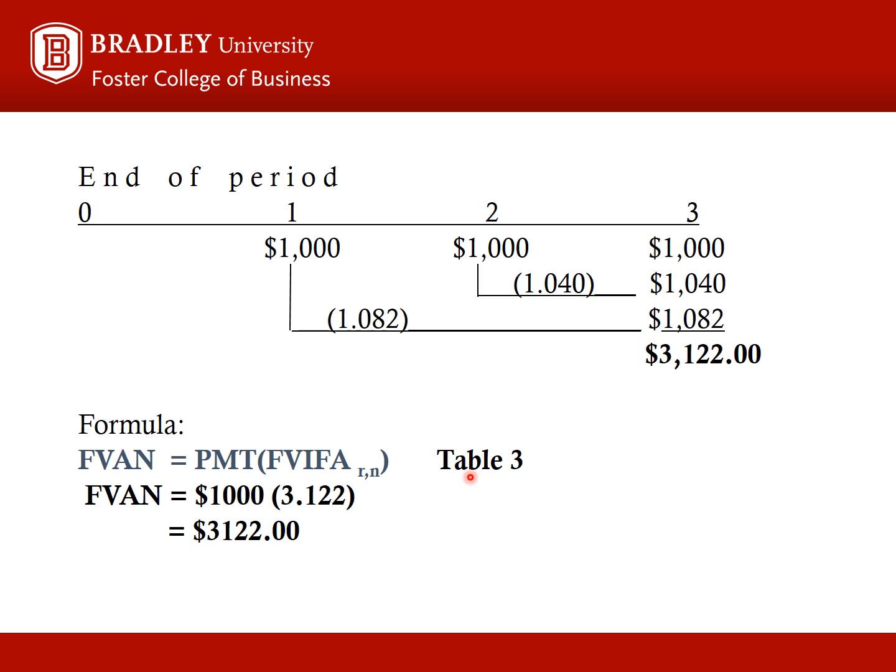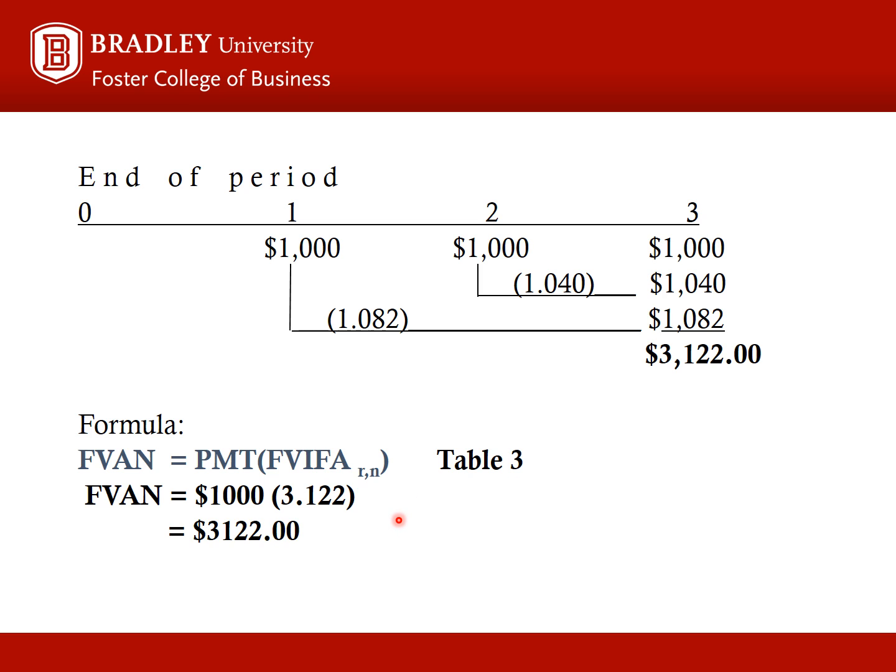And I don't know that the handout matches up in the same order as your present value tables at the end of your book. Sometimes books will do present value tables first, and then present value of an annuity, then future value tables, future value of an annuity. So that's why I give everyone the handout and just refer to the handout so I know everyone's using the same tables, and that's what my table numbers are reflecting here. So the future value of an annuity is table 3 in your handout.